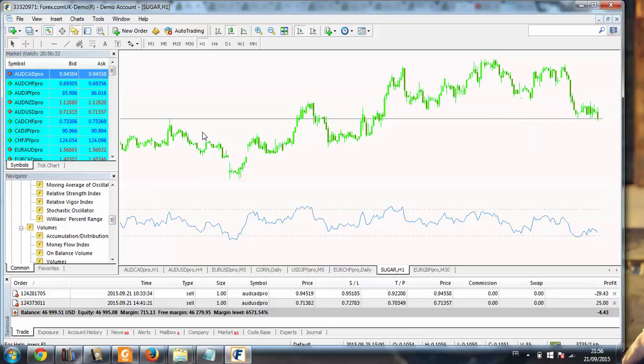So this is a very important pattern. We have an impulsive move here, then a correction, an impulsive move, then a correction, then another impulsive move, then a correction of 15% of that trend.